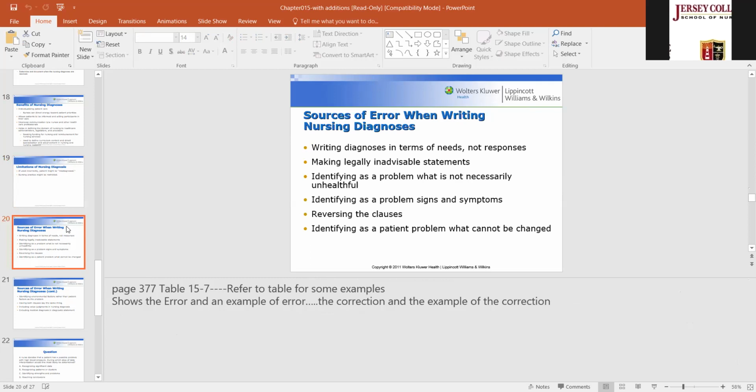So we want to write the diagnosis in the term of what the patient needs and not how they respond. We want to make legally inadvisable statements. We want to make sure that we identify the problem as a problem and not what is unhealthful. We want to reverse the clauses when necessary and identify a patient problem, what cannot be changed.